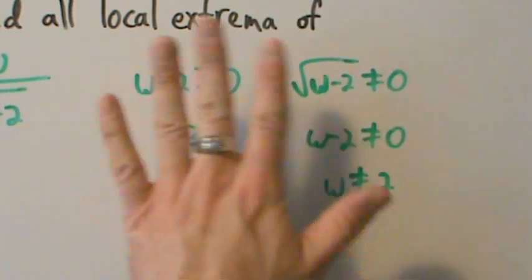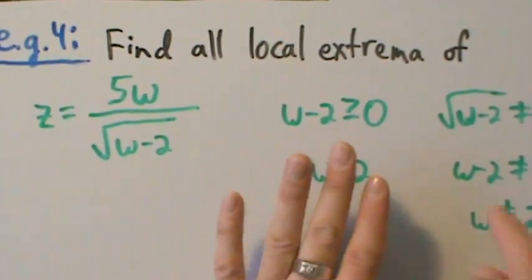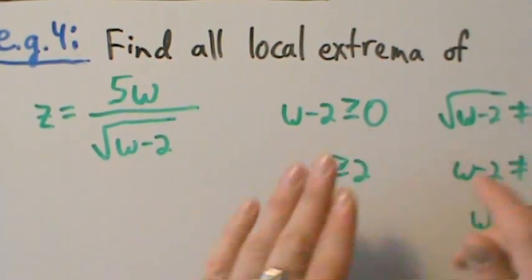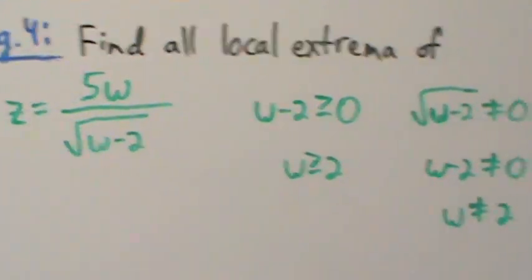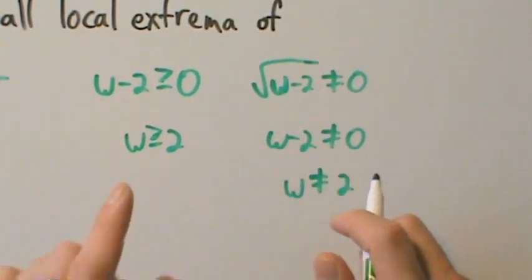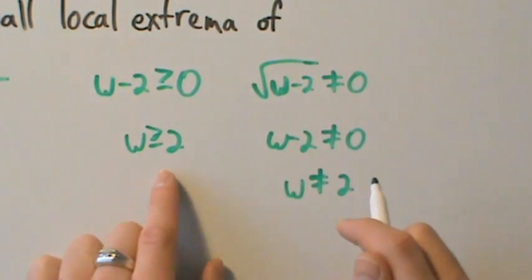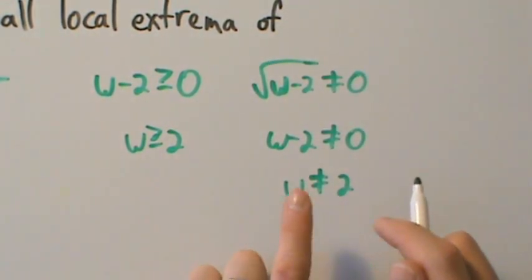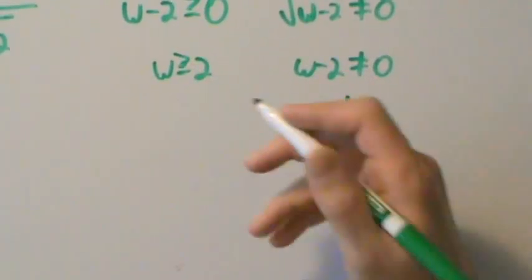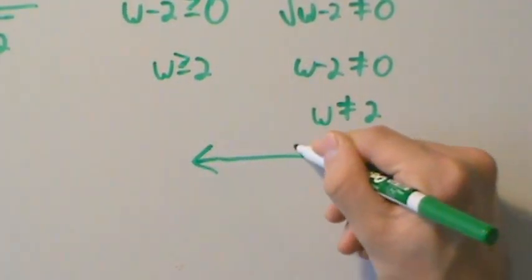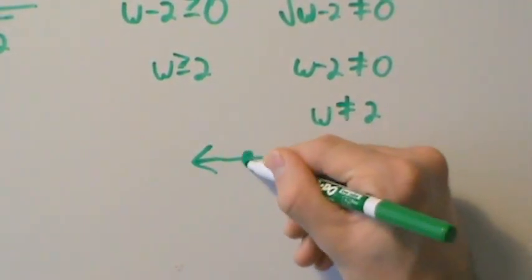Remember, both of these have to be true at the same time, because we have both of these restrictions happening, a square root and a denominator. So w has to be greater than or equal to 2, and w has to be not equal to 2. If you want to draw a number line real quick, you don't have to do that, but here's 2.